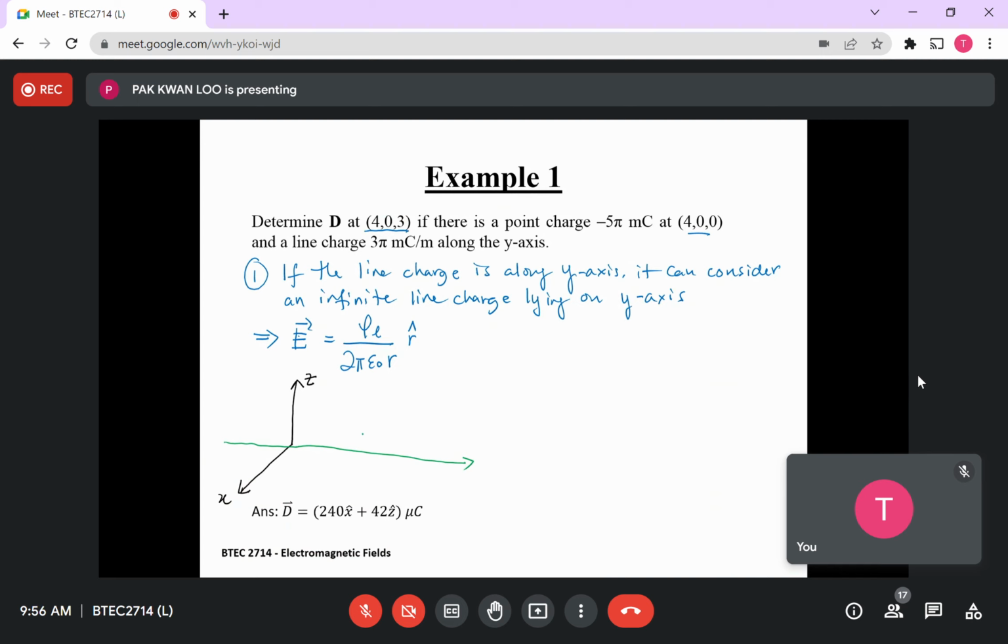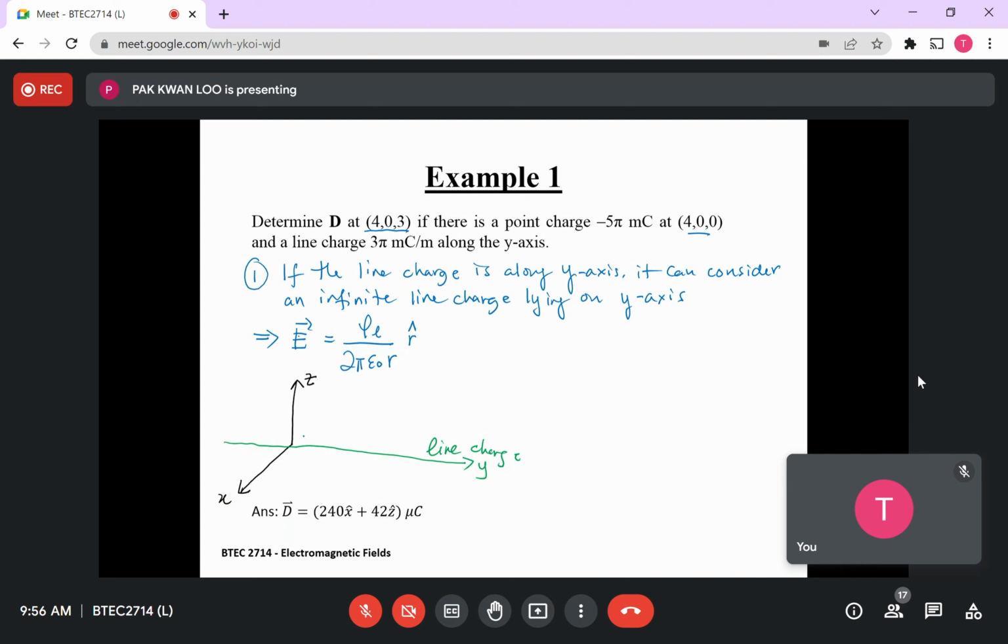The radial distance perpendicular to this green line, which is your line charge lying along the y-axis, means the perpendicular distance to this line charge is always in the xz plane.